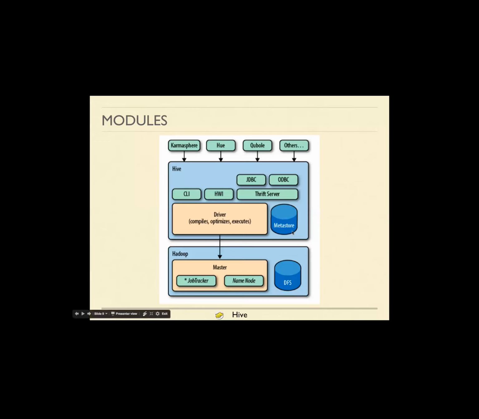So the name of the data is also kept in the Metastore. After finding the definition of the table, this driver will convert that query into MapReduce and then hand it over to Hadoop. Okay, I hope this is clear at this point.